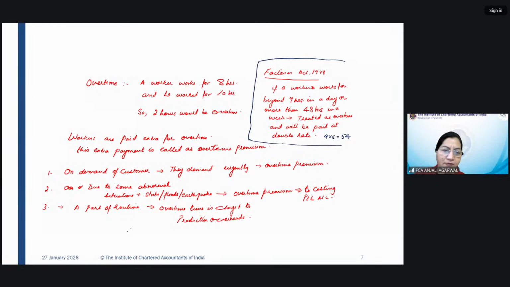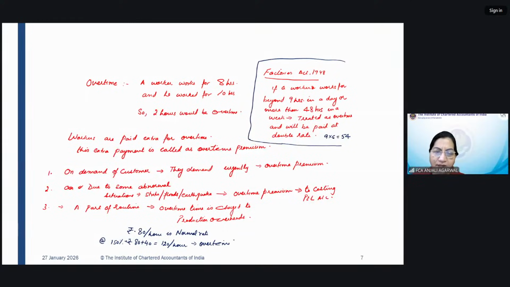Let's take another example. Let's say 80 rupees per hour is the normal rate. So if the worker is paid at the rate of 150%, he will be paid rupees 80 plus 40, 120 per hour during the overtime.